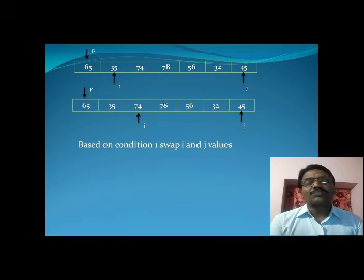I represents the first element after the pivot, that is a of 1, which is 35, and the last element index is represented by j, that is 45.